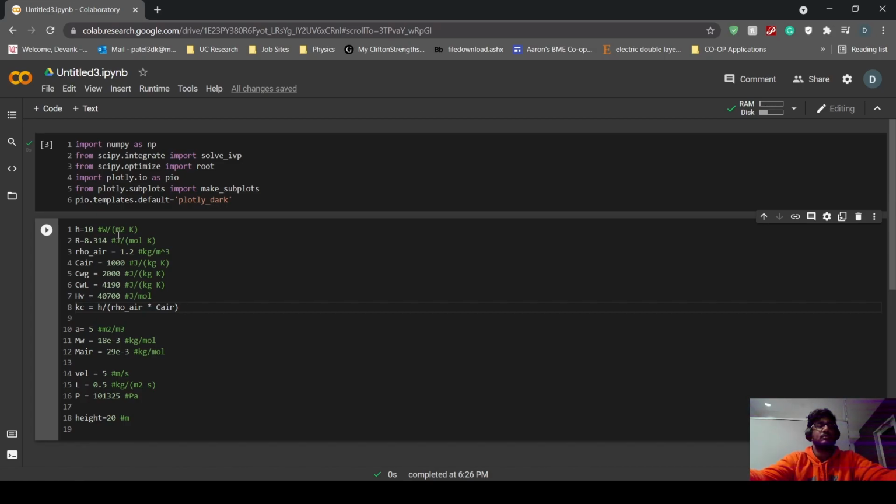And then from the Lewis relation, we can go ahead and calculate the mass transfer coefficient, which is the heat transfer coefficient divided by the density of air multiplied by the heat capacity of the air. And then the lowercase a at line 10 stands for the specific area of packing, which is in meters squared per meter cubed.